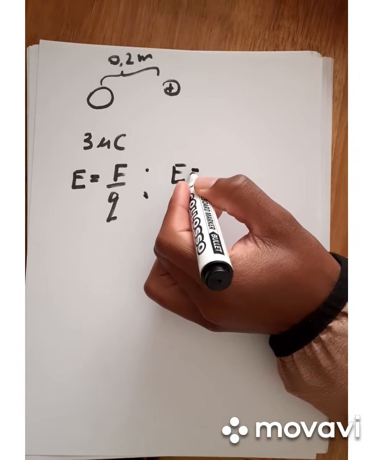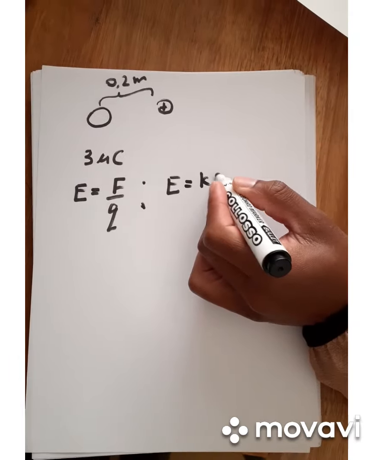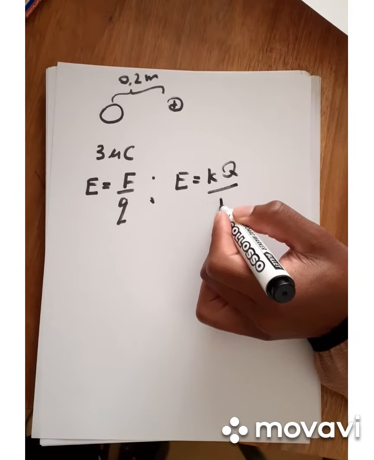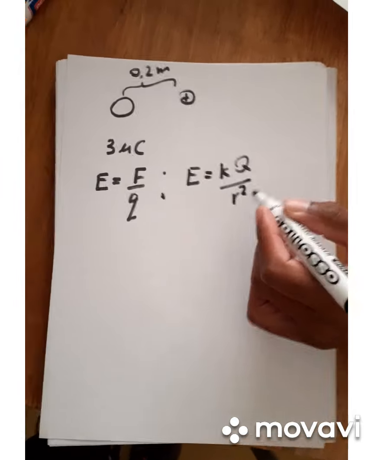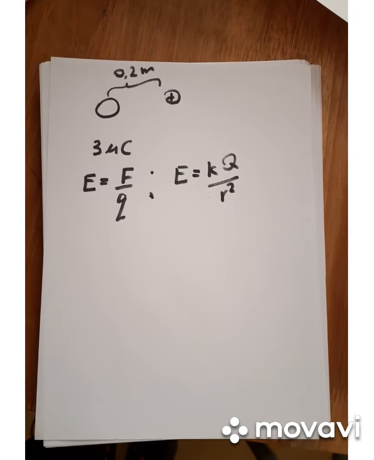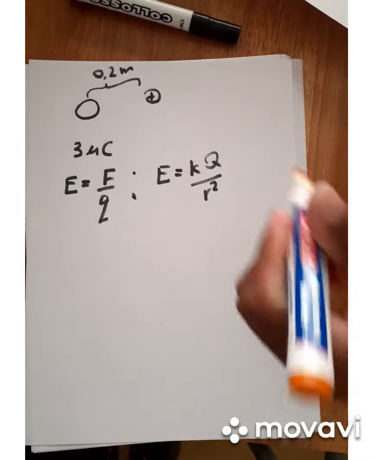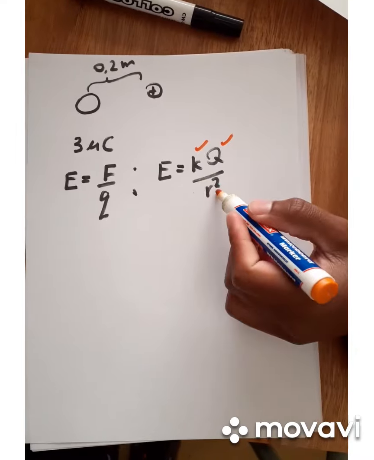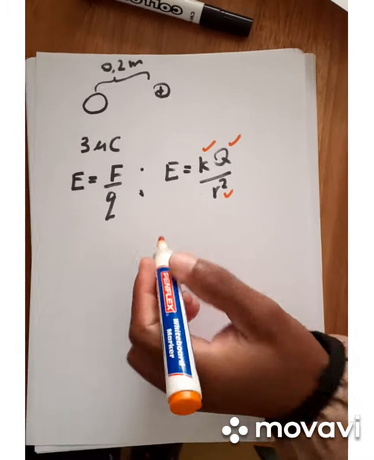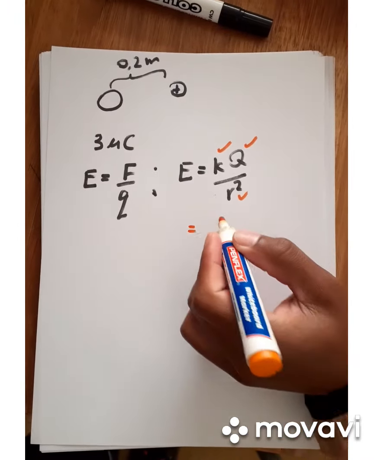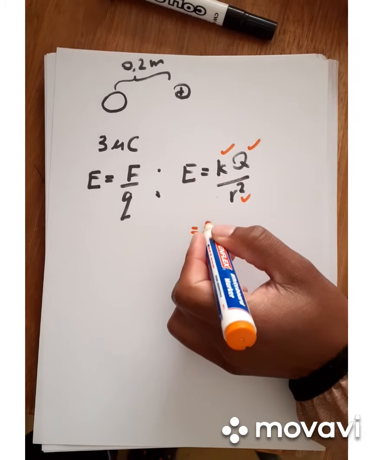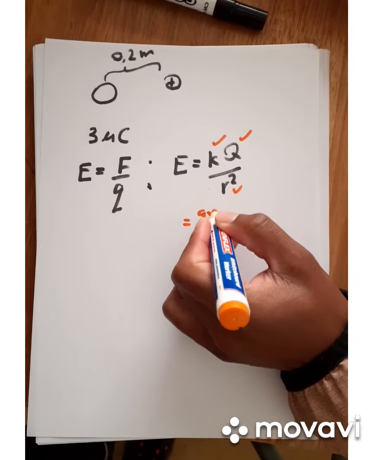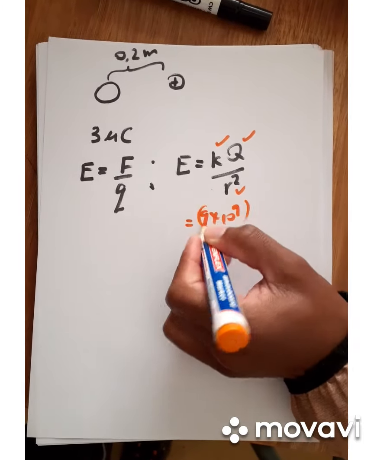Therefore, E is given as K Q over r squared. Can we use this one? Yes. Why? Because Q is known, K is known, r is given. Therefore, you just substitute. The value of K is 9 times 10 to the power of 9.